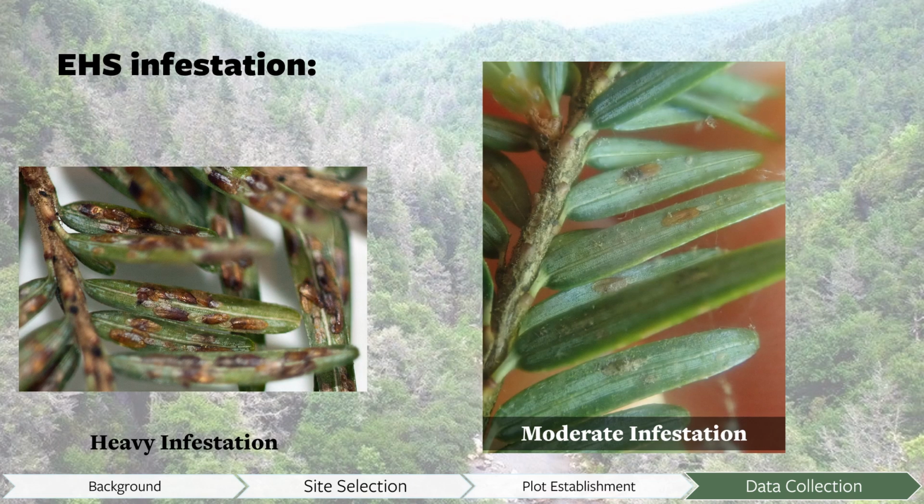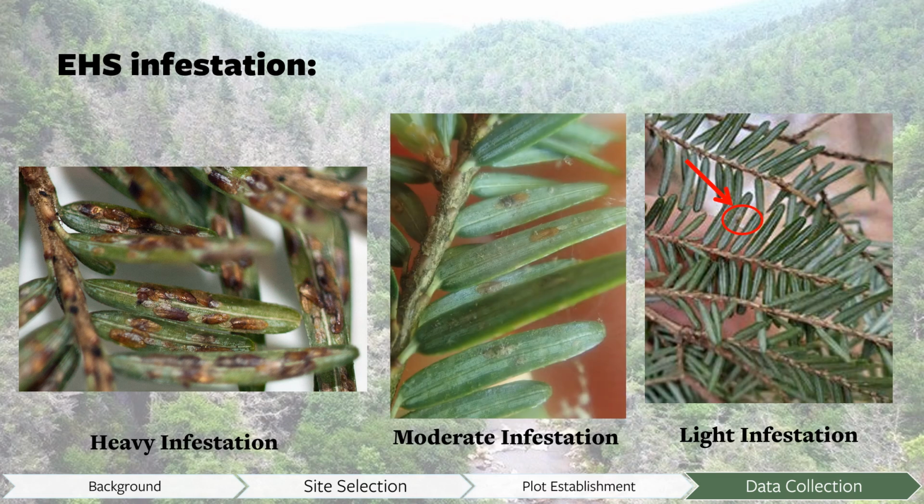A more moderate infestation might look like this, where we have 1 or 2 scales on several of the needles. And a light infestation, it's difficult to see in this photo, but in this entire photo, there's one single scale. Similar to the HWA light infestation, if it's greater than 0, it's still an infestation.